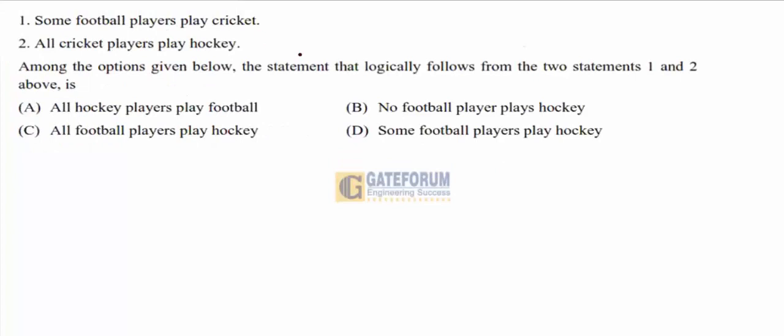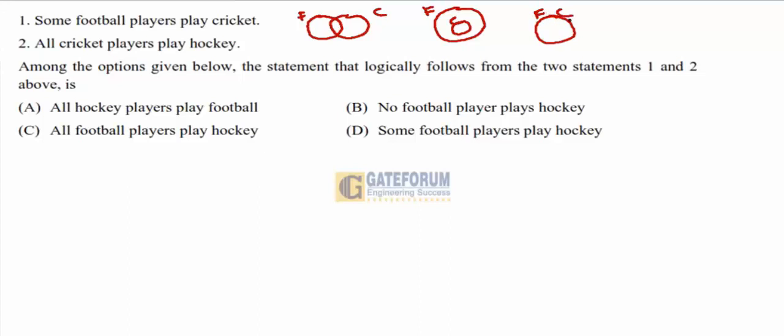Some football players play cricket. So that can be expressed as this. It could also have been expressed this way and also this way, because some can indicate but include 100%.